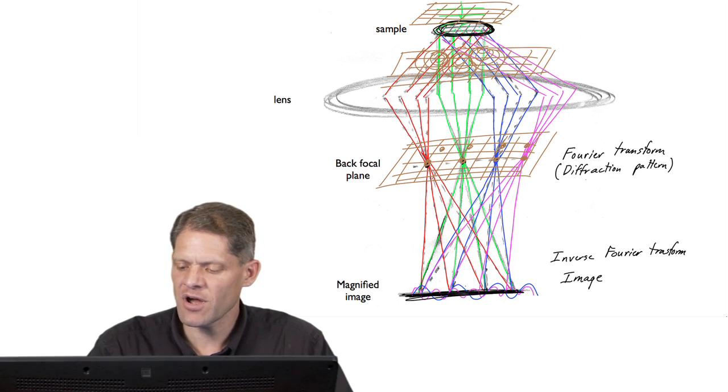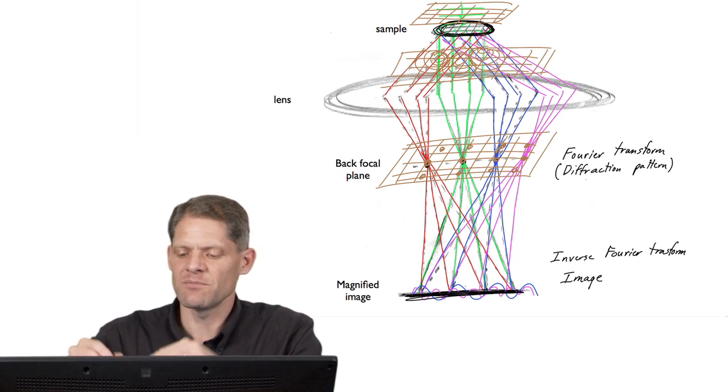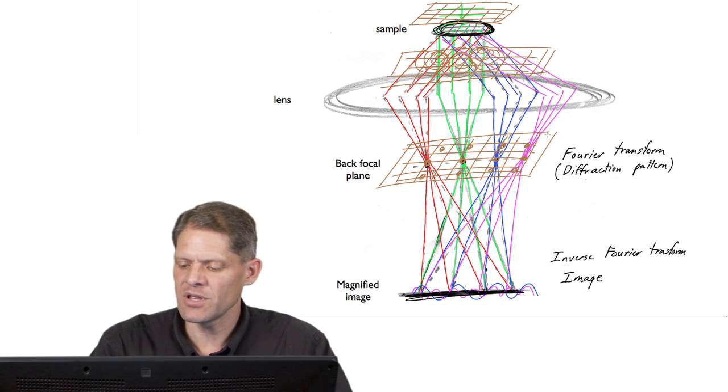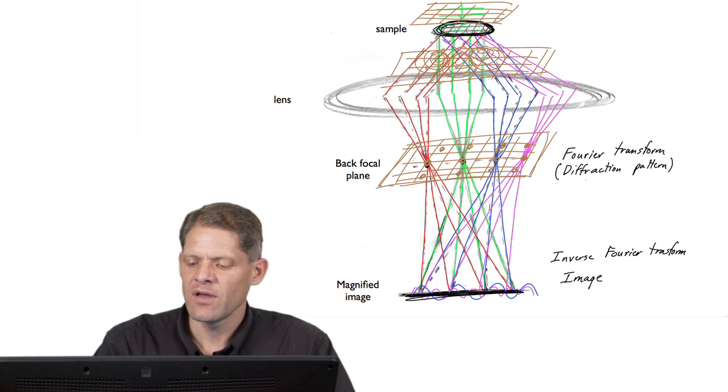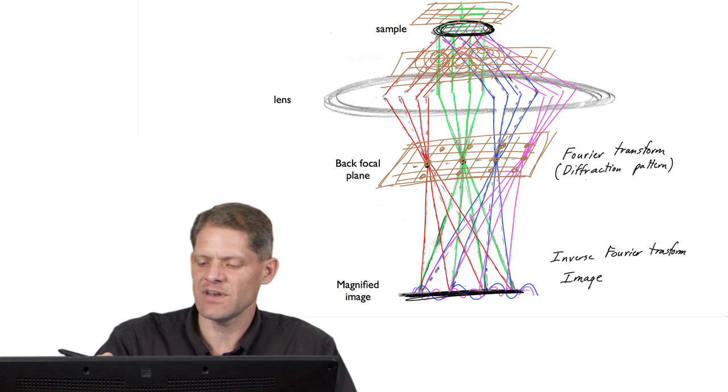I've got a drawing now that is some kind of hybrid between a cross-section showing the rays and some kind of oblique view showing the plane wave as it passes through. But that plane wave carries in it the Fourier transform of the sample density.